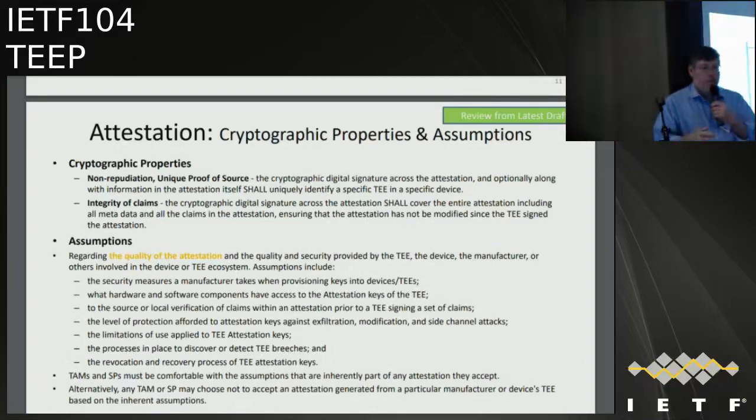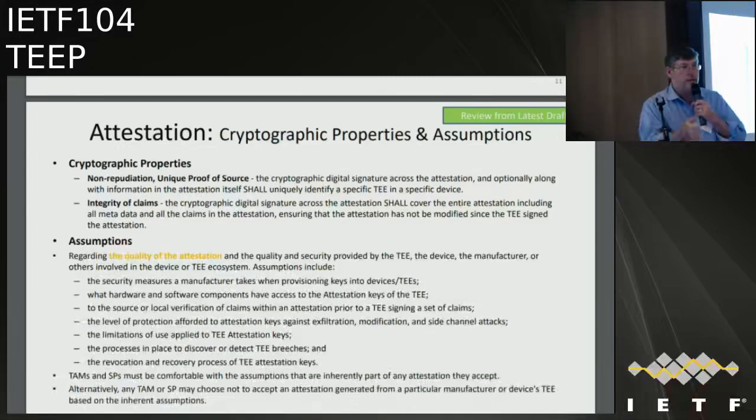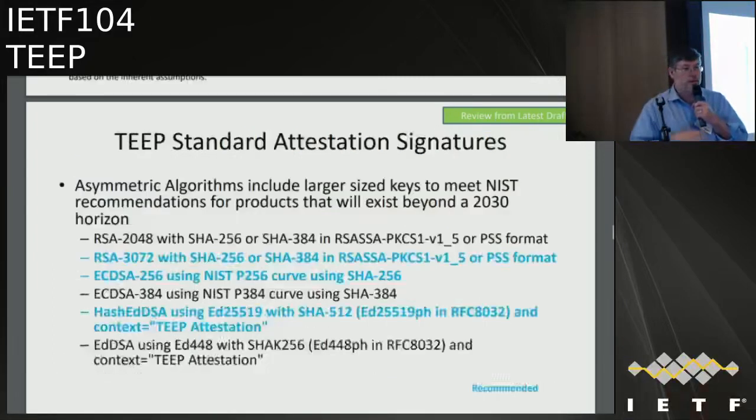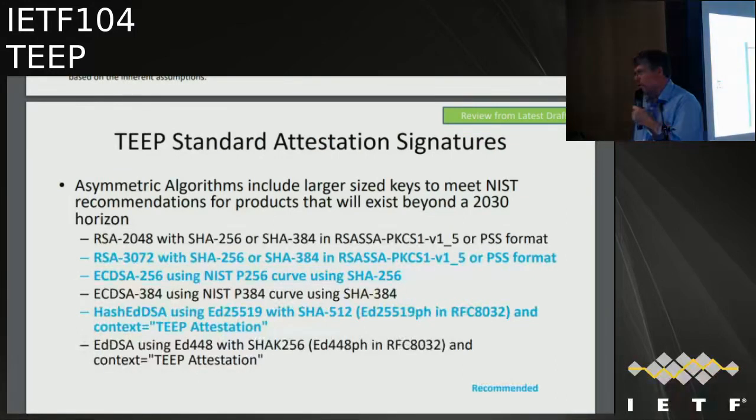So I put some text into the architecture spec on what standard signatures should be provided, and I'm not sure how we need to coordinate with CFRG on this. I think the question, based on the discussion we're having so far about the relationship with RATS, is should the architecture document focus on the use case and the requirements, but not the details of specifying it, and leave that to RATS?